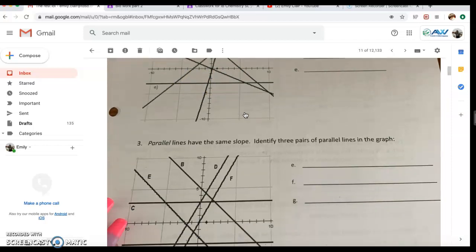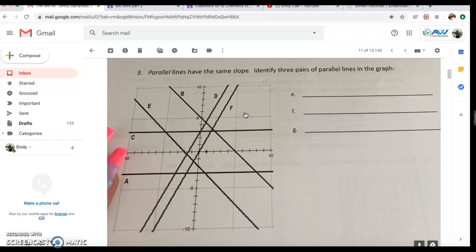Okay, and then if we look at this last question on this page, parallel lines have the same slope, which means that they're always traveling in the same direction. The lines here are all labeled with capital letters, and we're identifying pairs of parallel lines. So we just want to pull out the capital letters that represent lines that are parallel.